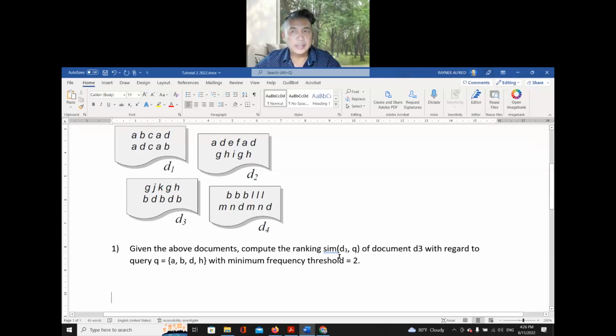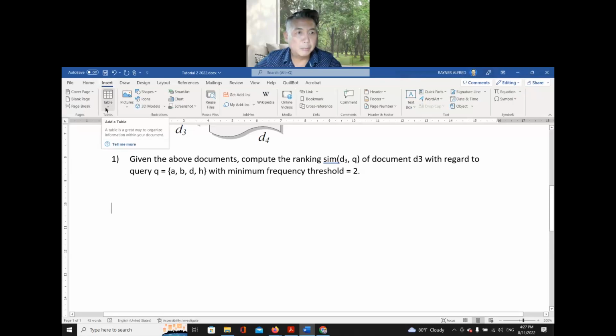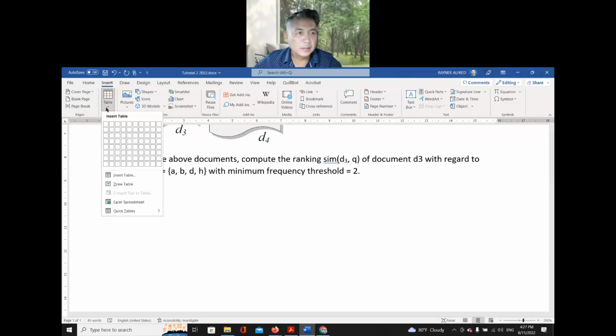Since we have A, B, D, H, we need to establish the term sets that can be derived from these 4 keywords. To make it easier, I will insert two columns first.